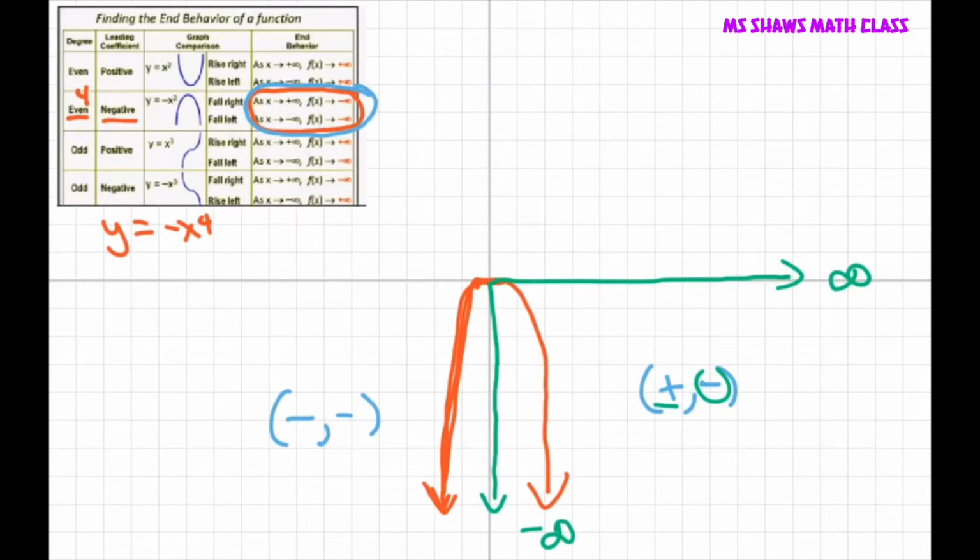And as x goes negative here, so does our y. It also goes to negative. So that's how we write it. Mainly, we need to know we're starting in quadrant 3 and we're going to end in quadrant 4.